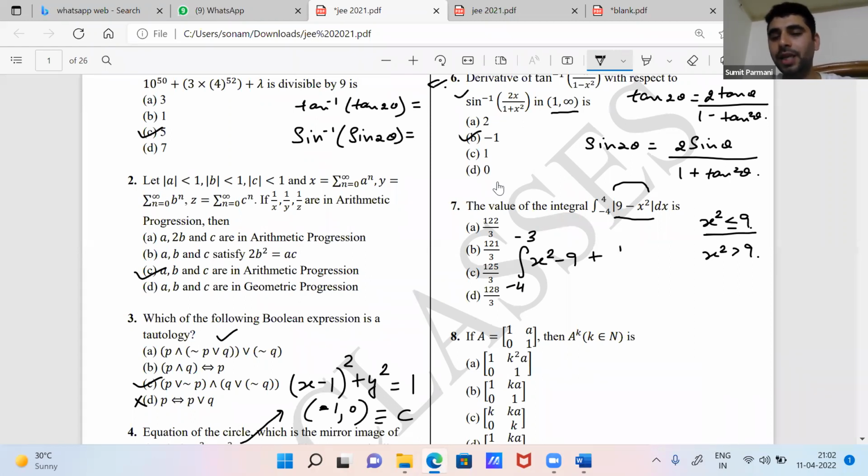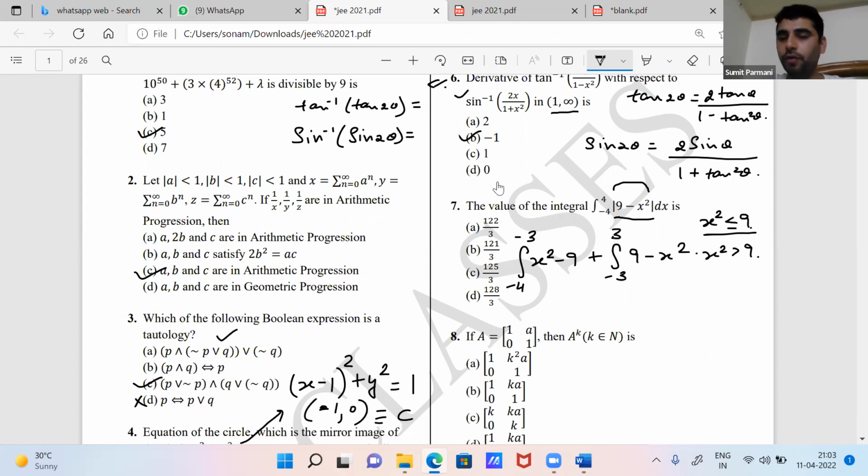Plus, from -3 till -2 it is positive, till -1 it is positive, till x equals 0, 1, 2 it is positive, and till x equals 3 it is positive. So till x equals 3 we write 9 minus x square.